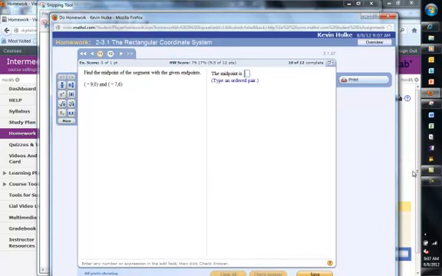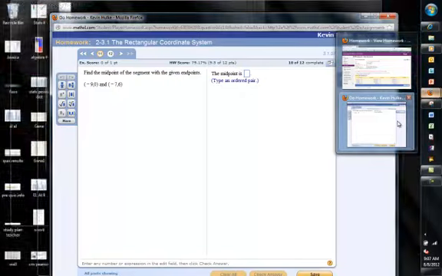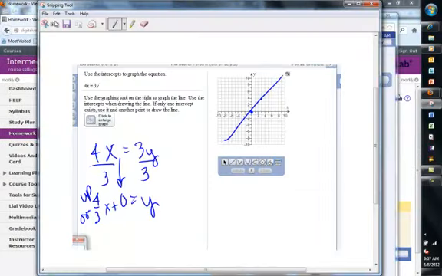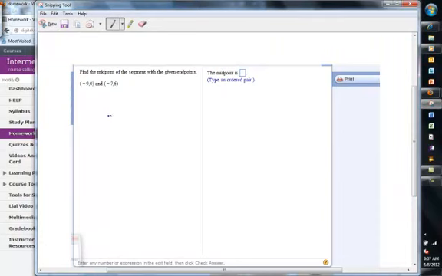Find the midpoint. In other words, we're going to find the average of 2 numbers here. Let's see how that works. Okay, -9 plus negative 7, divided by 2. Well, that's negative 16 divided by 2 is negative 8.